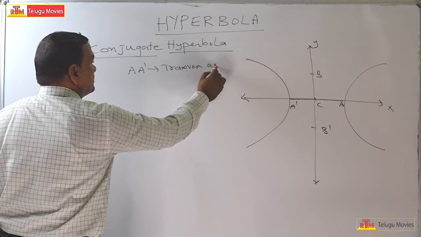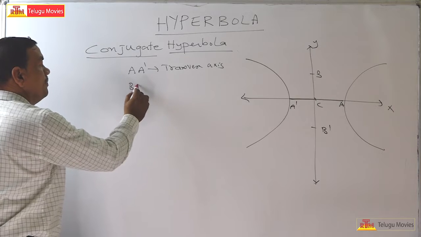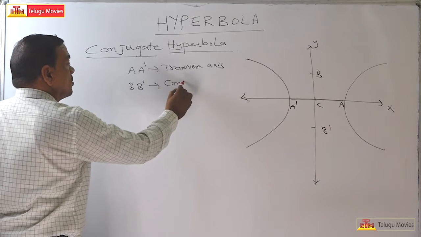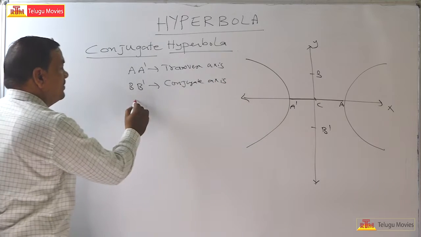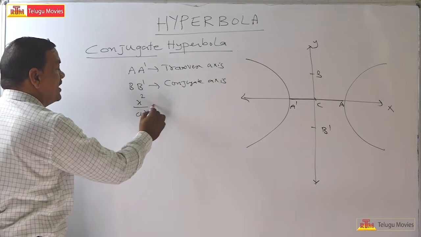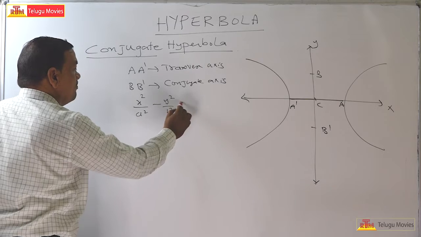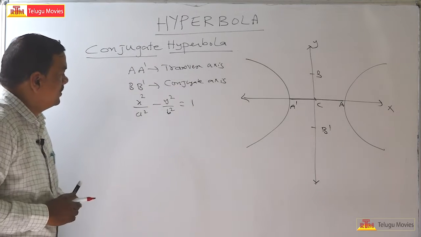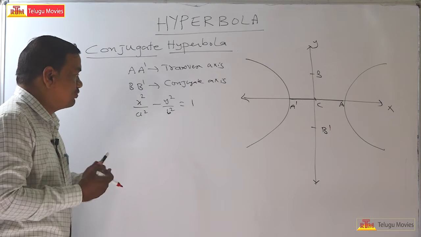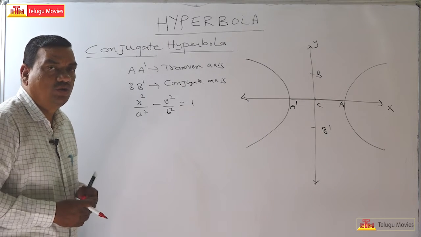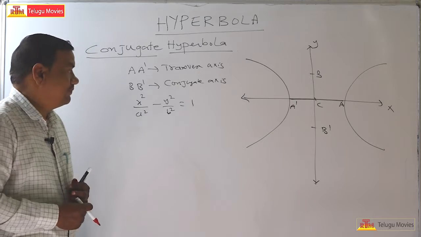The equation of the hyperbola is x square by a square minus y square by b square is equal to 1, where b square is equal to a square into e square minus 1.